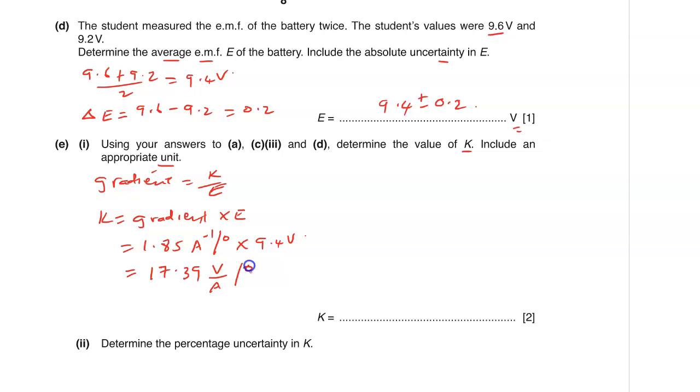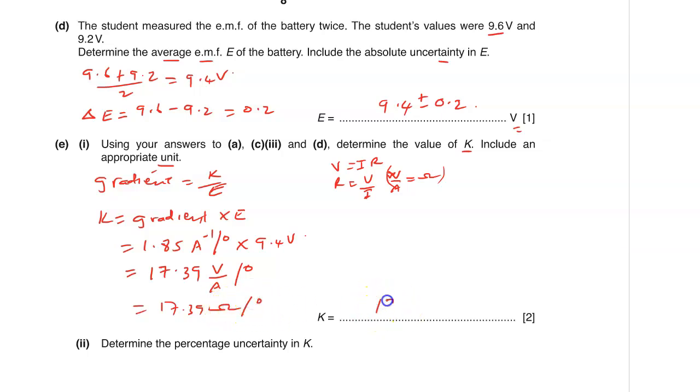per degree. But we know that voltage is equal to current times resistance, and therefore resistance is equal to volts over current. The unit is going to be volts over amperes, and volts over amperes is equal to ohm. So you can write it as 17.39 ohm per degree.